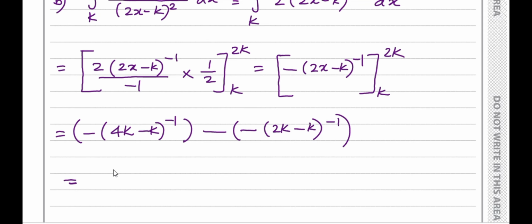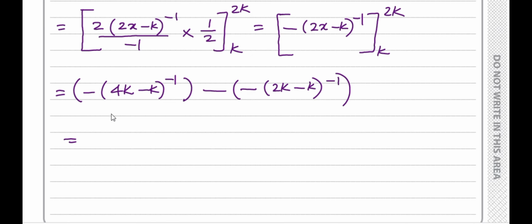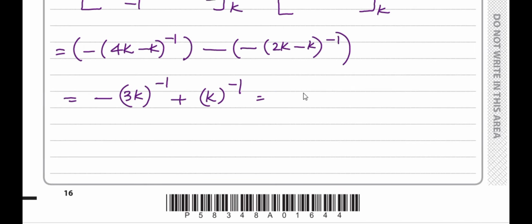Okay, so now we need to simplify this. This is actually minus 4k minus k to the power of minus 1, which means minus 3k to the power of minus 1. Minus and minus gives plus, then 2k minus k is 1k to the power of minus 1.